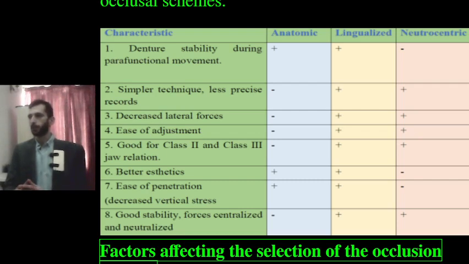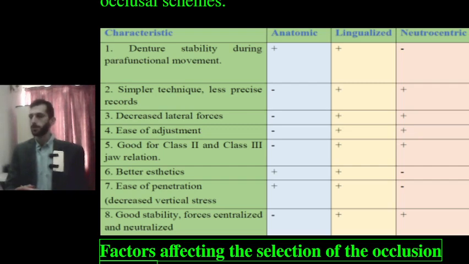Decreased lateral forces, negative with anatomic, positive with lingualized and neurocentric. Ease of adjustment, negative with anatomic, positive with lingualized and neurocentric. Good for class 2-3 jaw relation, negative with anatomic, positive with lingualized and neurocentric.